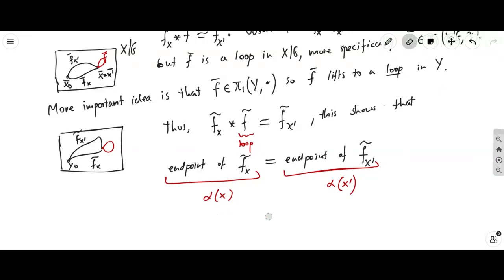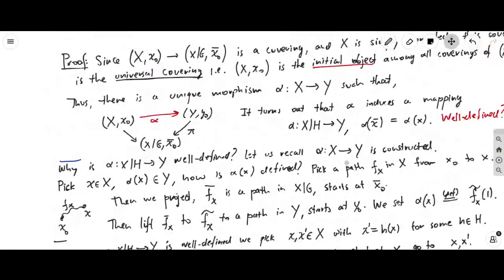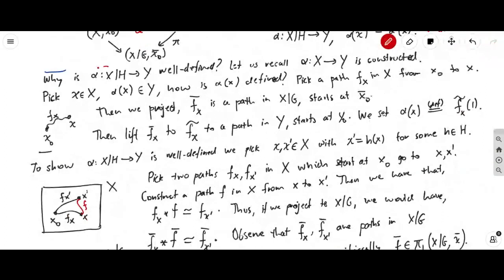And look at that. If x and x prime are related to each other by a translation in that subgroup that corresponds to the cover, then alpha will be the same on those two elements, which shows that this mapping is well defined.